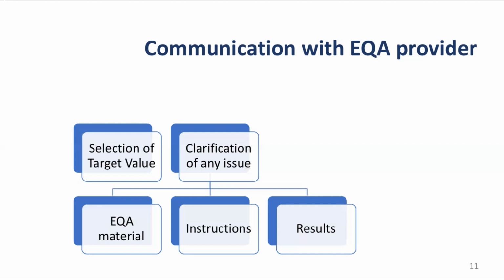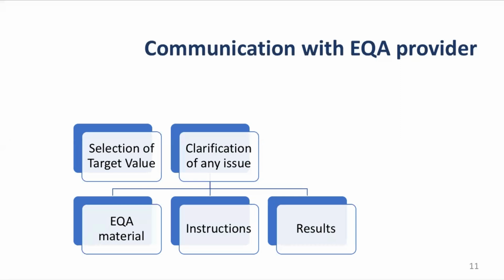Whatever they are saying, this EQAS provider has to decide. And standard deviation is calculated from the results of all the laboratories. One thing is the selection of this target value, how they are selecting. And if there is any issue when they are developing the EQAS scheme, or a participant wants to ask something, all these things are clarified.